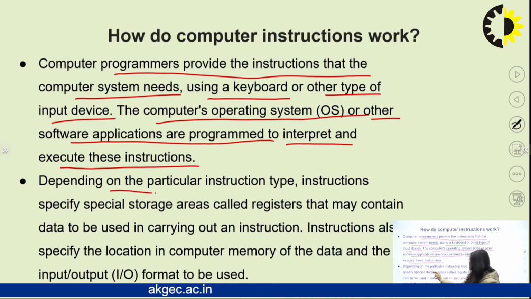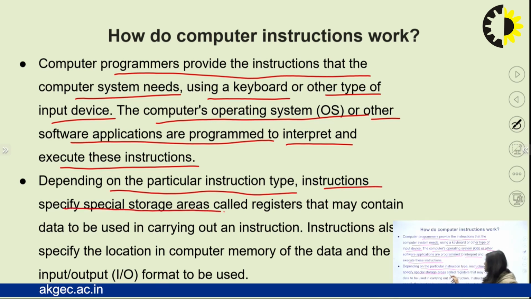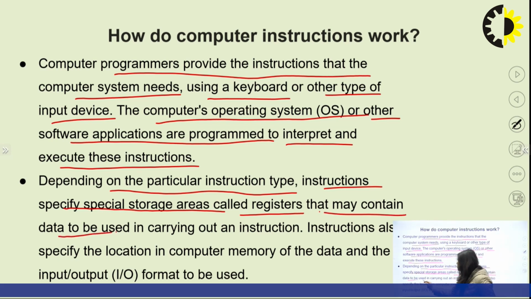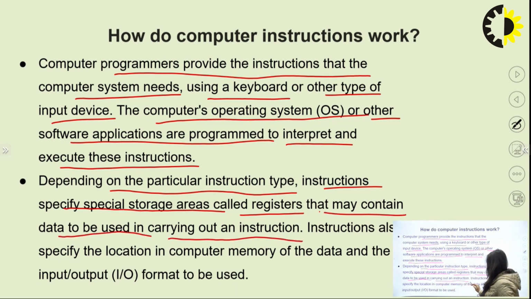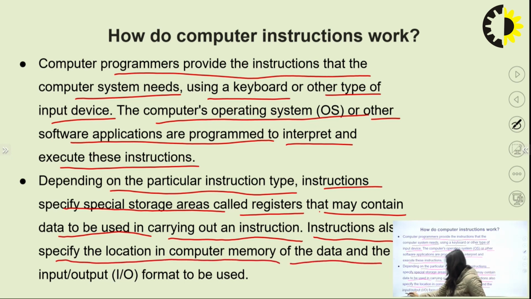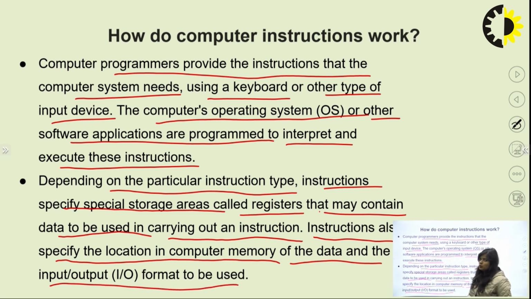Depending on the particular instruction type, instructions specify a special storage area called a register that may contain data to be used in carrying out an instruction. Instructions also specify the location in computer memory of the data and the input output format to be used.